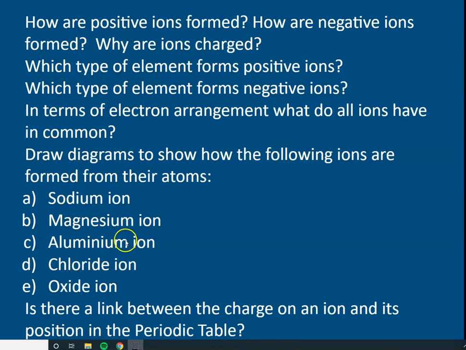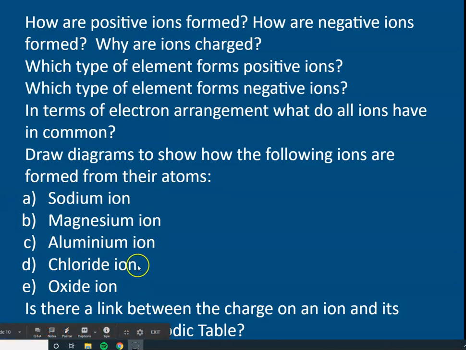The aluminium ion, 2, 8, 3, then arrow 2, 8, but now we've lost 3 electrons, so it's 3 plus outside the square brackets. So those are all metals. Those have all formed ions by loss of electrons from their outer shell or outer energy level.